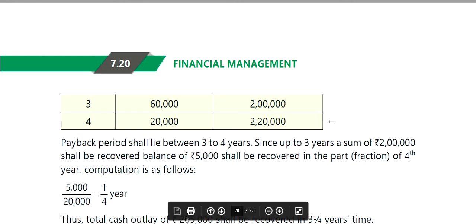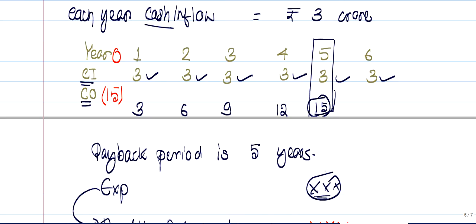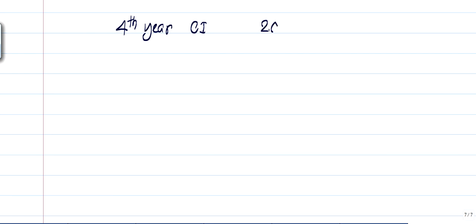At the fourth year, the cash inflow is 20,000.